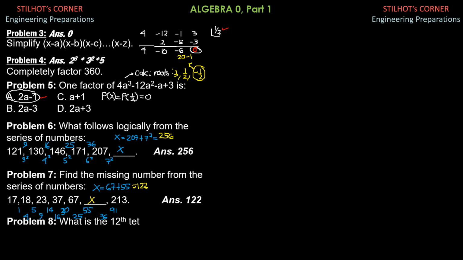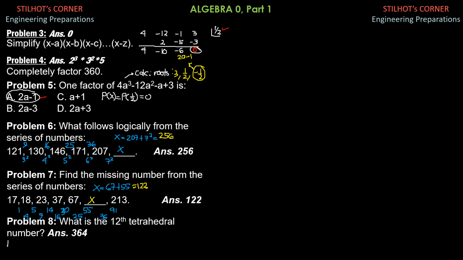What is the 12th tetrahedral number? So remember that tetrahedral numbers count the number of objects needed to arrange identical objects in a pyramidal form. The base of the pyramid is an equilateral triangle.